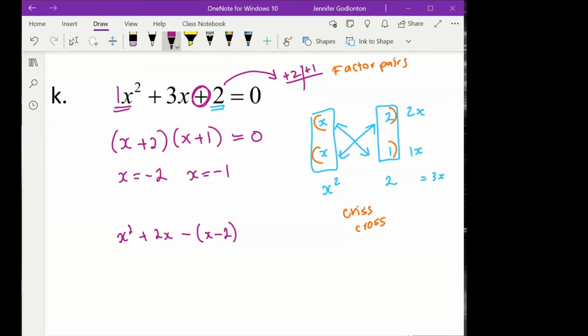So you're trying to do your big grouping method with these questions, but as soon as this coefficient is a 1, rather just try and stick to the easy way of doing your trinomials, because it will take much less time. So if you're not comfortable with crisscross, then just do the way that we learned in grade 9 with your factor pairs and break up that last constant into its factor pairs to try and get to this number. Okay, thank you.